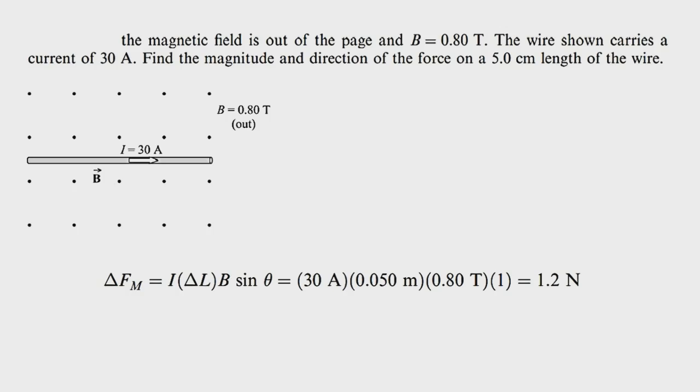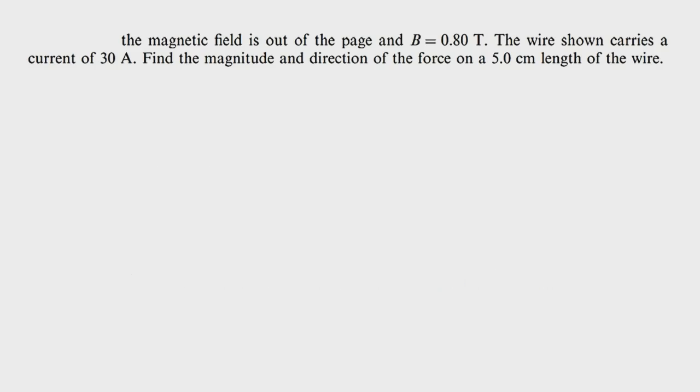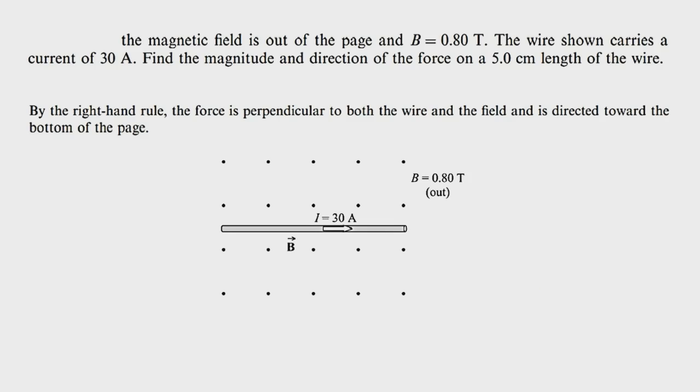I is equal to 30 amperes, while delta L is equal to 5 centimeters or 0.050 meter, times 0.80 Tesla, and sine 90 is equal to 1, so delta F sub m is equal to 1.2 Newton. By the right-hand rule, the force is perpendicular to both the wire and the field and is directed toward the bottom of the page.